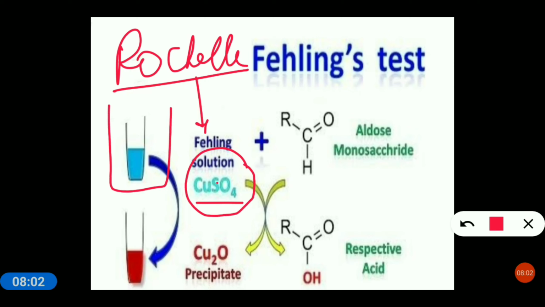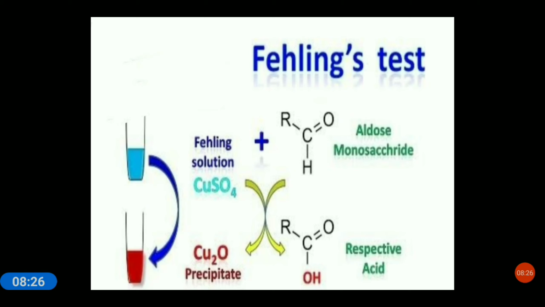So you will get the Fehling solution which looks blue or deep blue in color after adding the Rochelle salt. When an aliphatic aldehyde is heated with Fehling solution, the Fehling solution gets reduced to give the red precipitate of cuprous oxide.